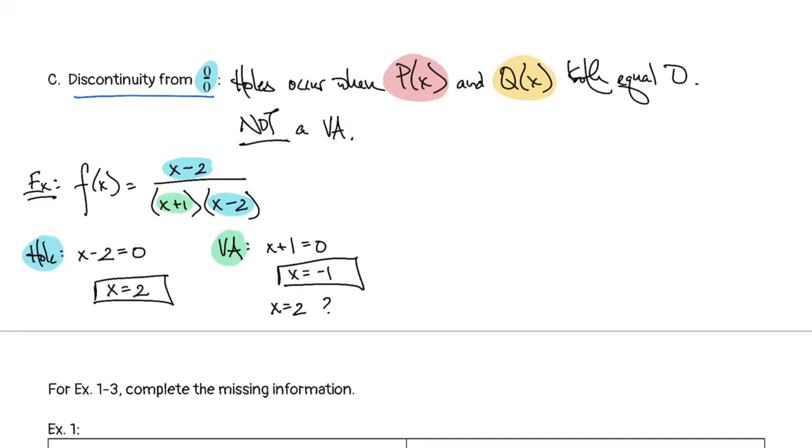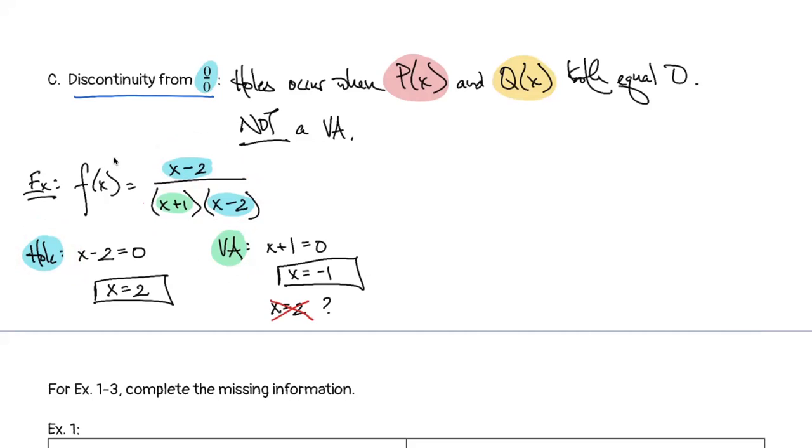And in particular, if we see a factor on the top and bottom, that will always correspond to a hole, whereas the factor that is only on the bottom generates a vertical asymptote. Okay. So I'm going to cross this out real quick, but I'm also going to put up a graph of this so we can see where the vertical asymptote and the hole are coming from, okay?